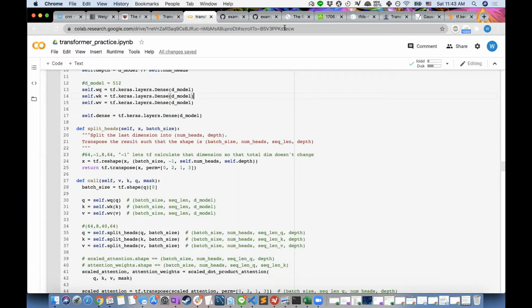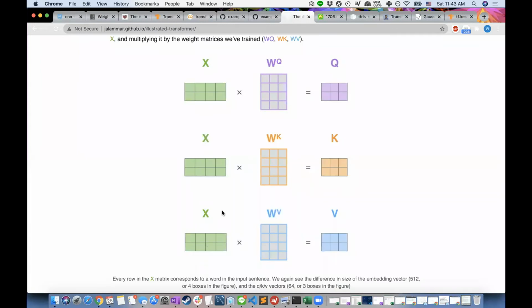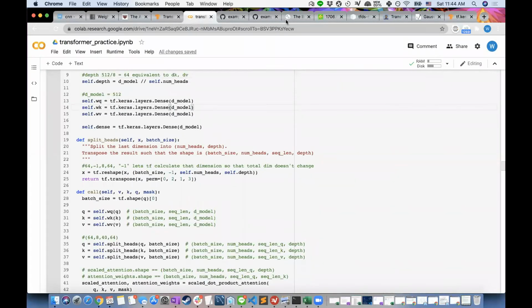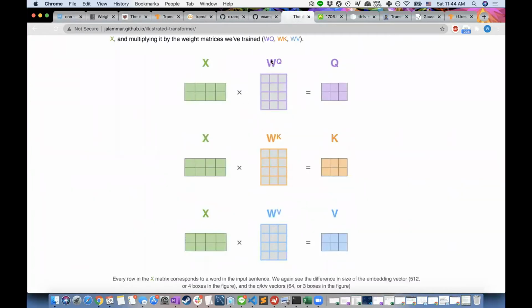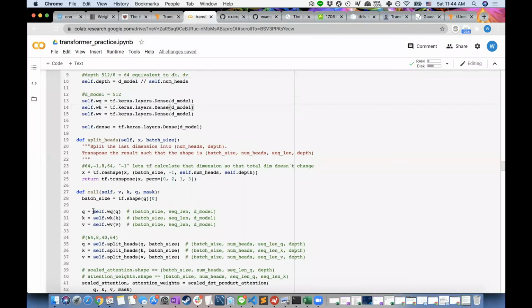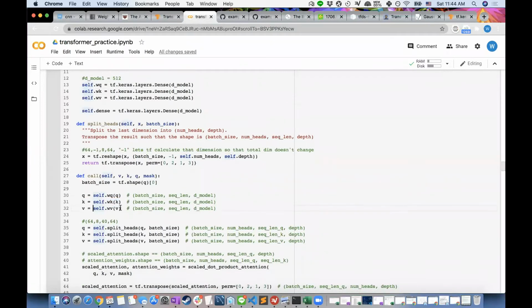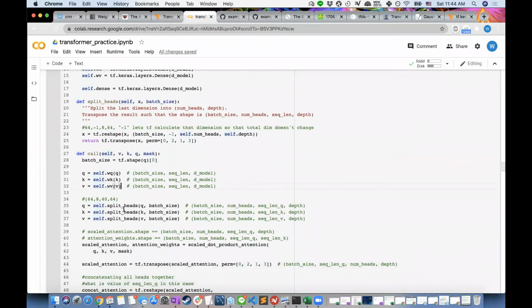And this V is the input for the V. Okay, so then you multiply that by the weight embedding, then you get your actual QKV vectors, and this is what you get, right? So yeah, the naming of the variables is a little confusing here.